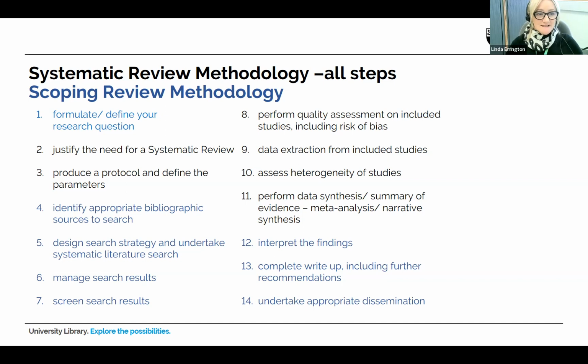For the quality assessment, the data extraction, standardized tools do exist to perform necessary assessments and risk of bias. So it might be worth having a look into which of those tools are best in your subject area. Your subject librarian will be able to support you through steps 4 to 6. Anything outside of that, you may need to seek advice from your supervisor or other team members.